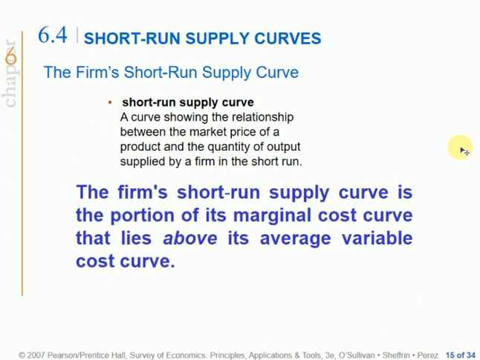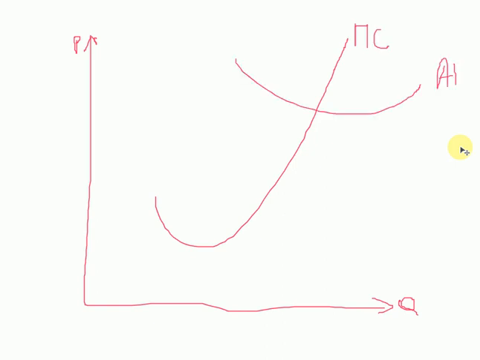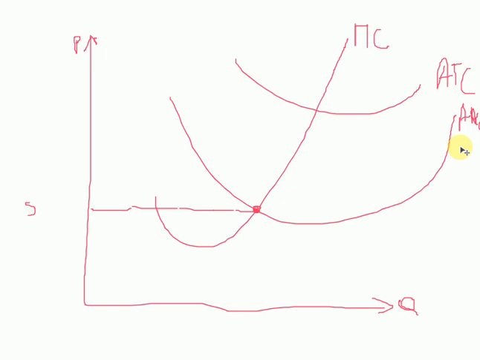So here we have Q, here we have P. We have the marginal cost curve, we have the average total cost curve, and the average variable cost curve. Here we have the minimum of the average variable cost curve, which is the shutdown price.